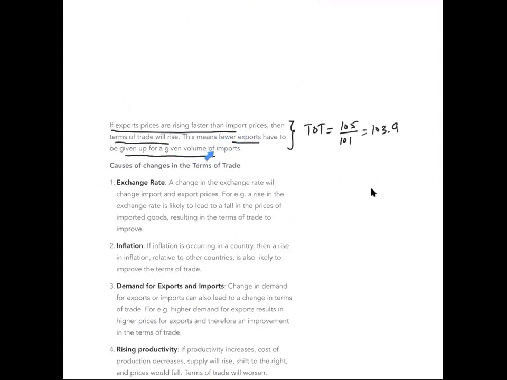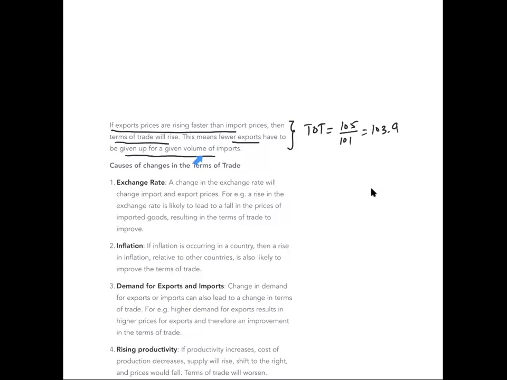Let's say Japan is exporting cars, but importing, let's say, vegetables. The import prices are very low, but export prices a lot more. So if export prices are more than import prices, then for any given amount of vegetables, you are giving up a very small number of cars.